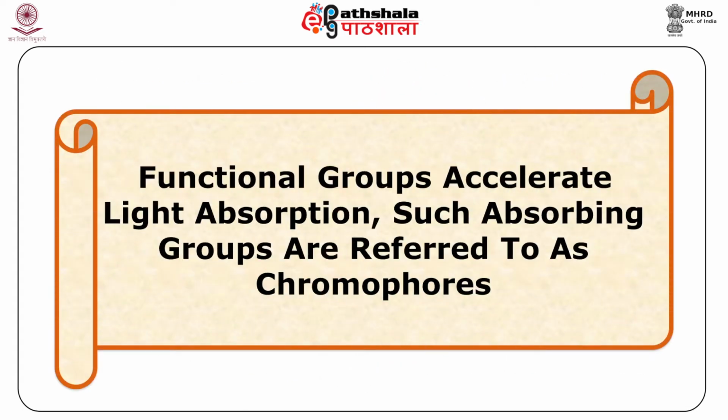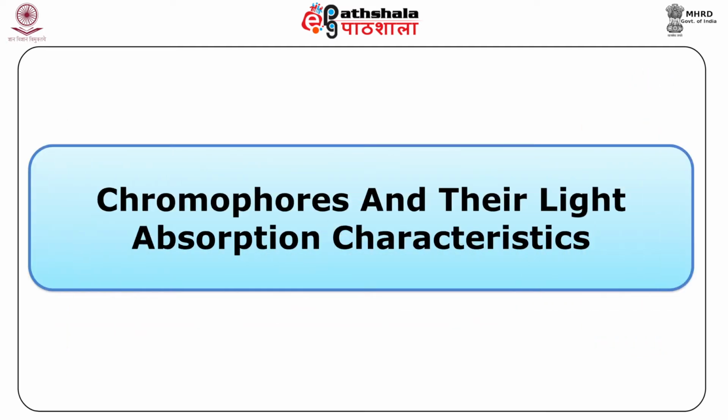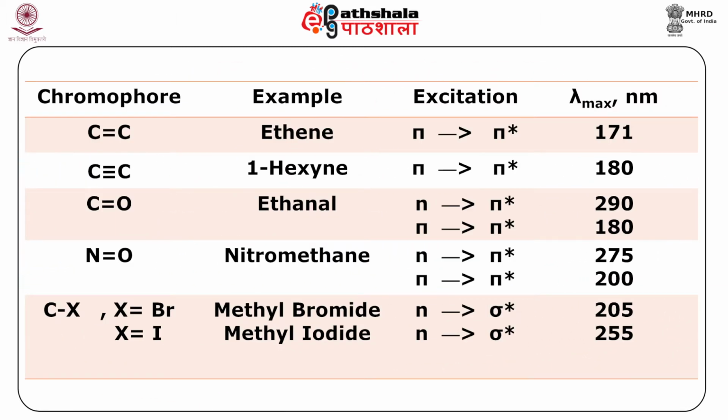In addition, there are certain functional groups that accelerate light absorption. Such absorbing groups are referred to as chromophores. A list of some simple chromophores and their light absorption characteristics is as follows. As shown, the various chromophores, their examples, excitation, and lambda max are given in this table.